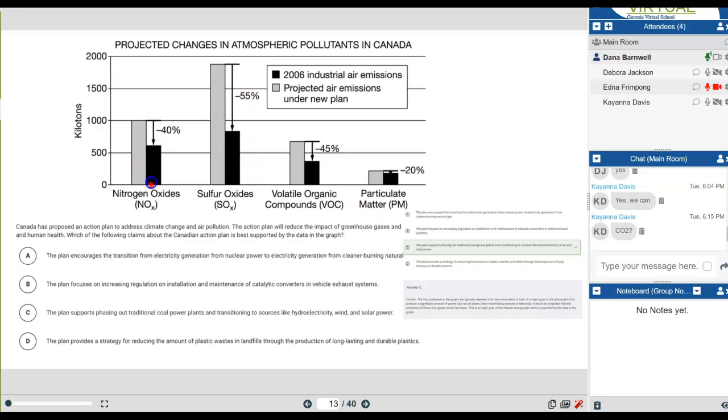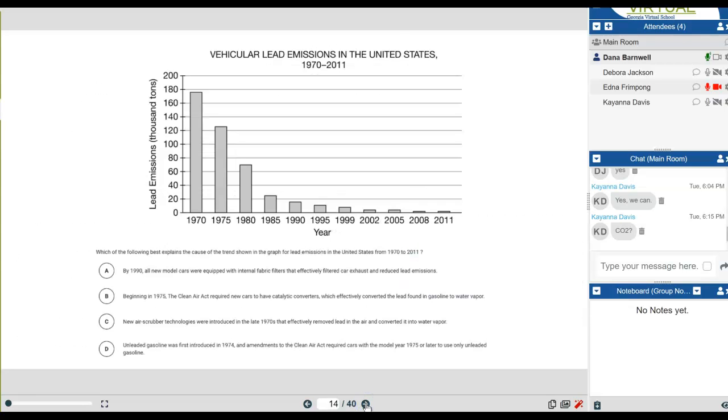And by phasing out coal burning power plants, we're actually going to see a reduction in the amount of air pollutants such as nitrogen oxides, such as sulfur dioxides or sulfur oxides. That's where we're going to see some of the biggest changes, okay? Some of the biggest changes that are going to be as a result of that plan. So that would be an example of one that you might think about.